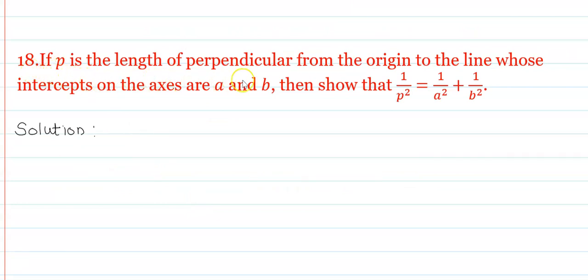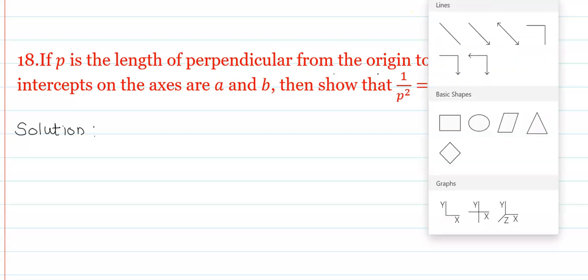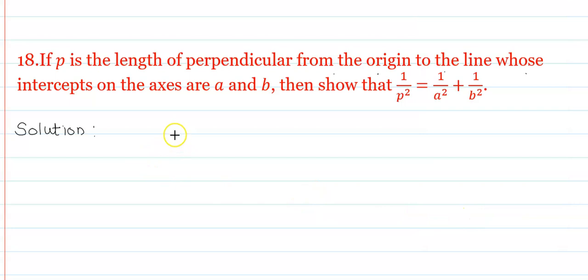If p is the length of the perpendicular from the origin to the line whose intercepts on the axes are a and b, then show that 1 upon p square is equal to 1 upon a square plus 1 upon b square. Okay, now here are the coordinate axes. See this here.